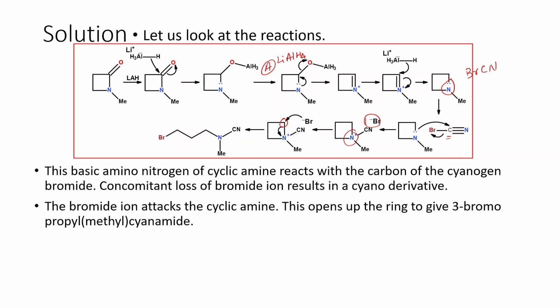So the final product that is formed is 3-bromo-propyl methyl cyanamide. That is the product formed after the attack of the bromine. So with that we can say the reagent is lithium aluminum hydride and the product formed is 3-bromo-propyl methyl cyanamide. This is the final product, that is B, that is formed in that reaction.